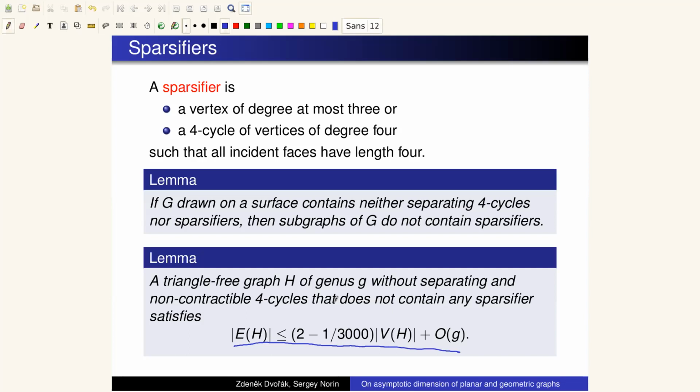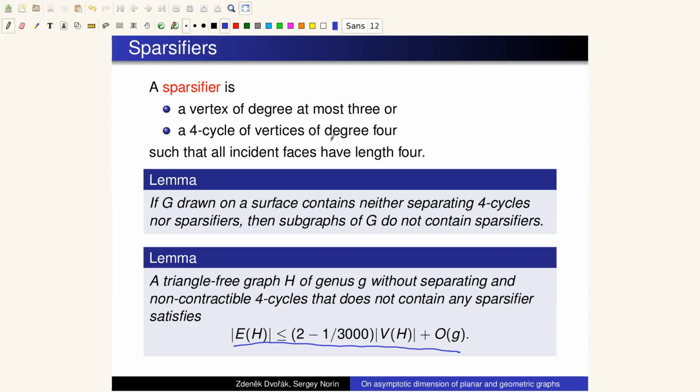You need to be careful that this density result also holds for subgraphs. So it's not the case that if I go to a proper subgraph, I will again get 4-cycles of vertices of degree 4 or vertices of degree at most 3, which takes some work.